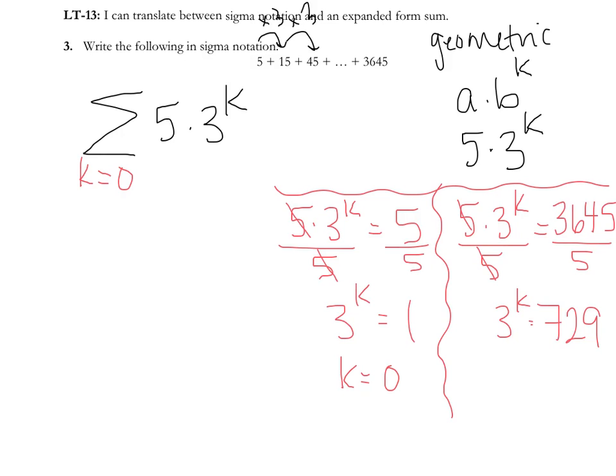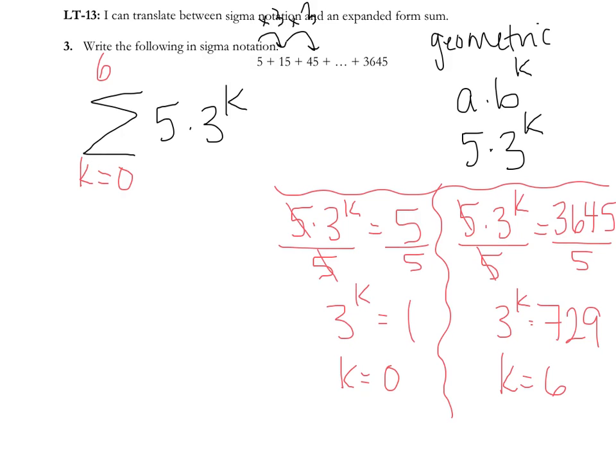You just have to guess and check until you figure out a value of k so that 3 raised to that power would give you 729. In this case, if we did 3 to the 6th power, we would get 729. So that means that our k value that we could plug into our formula to get our last term would be 6. So that's the very last k value that we're going to plug in. So 6 goes at the top of the sigma.